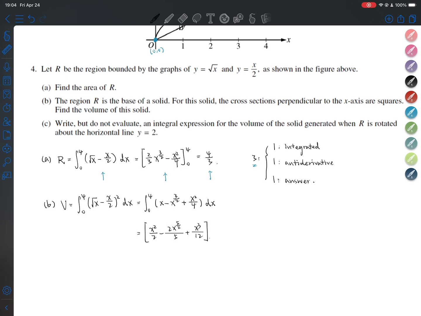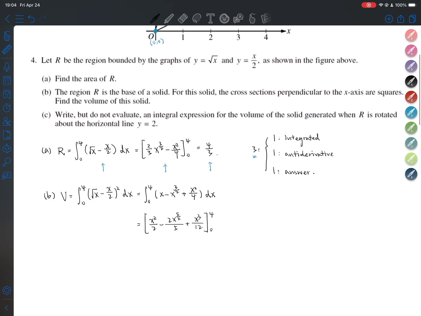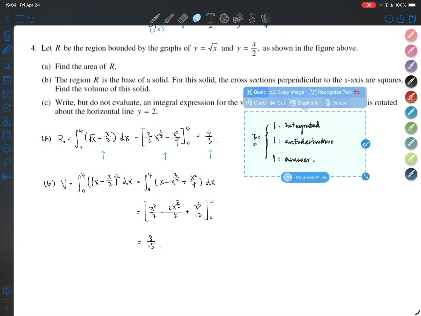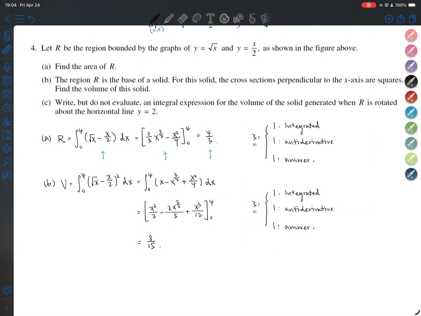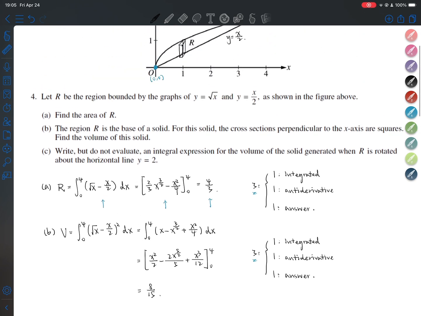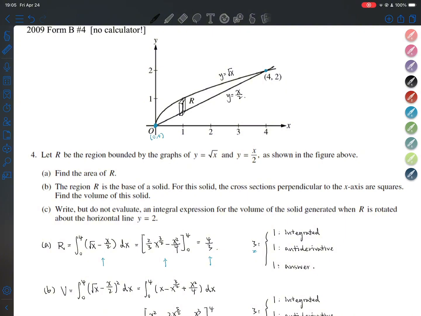And that is from 0 to 4. I will just substitute the values and we will get 8 over 15. So again, for this question, it is 3 marks. The first mark is for the integrand, the second mark is for the antiderivative, and the final mark is for the answer.